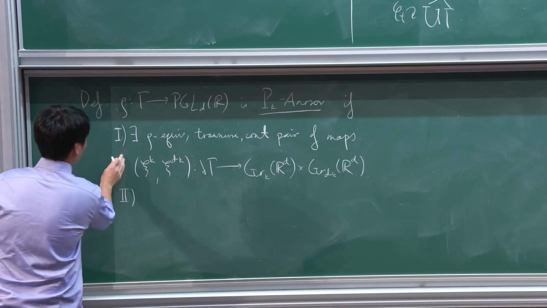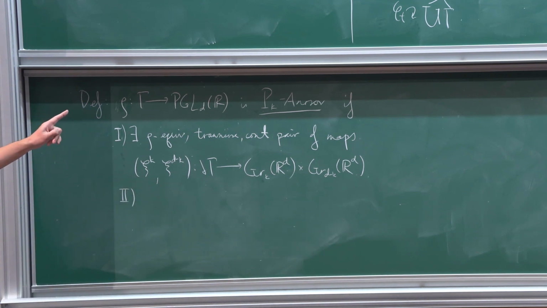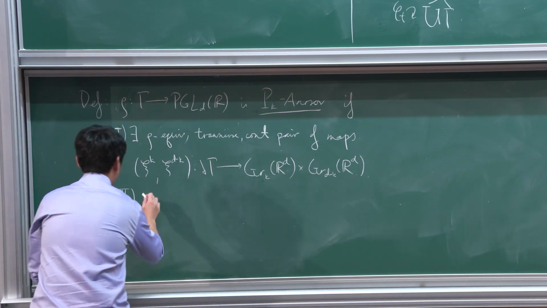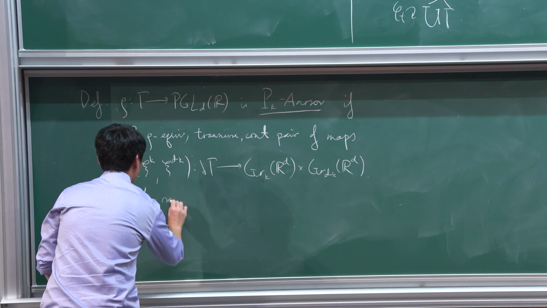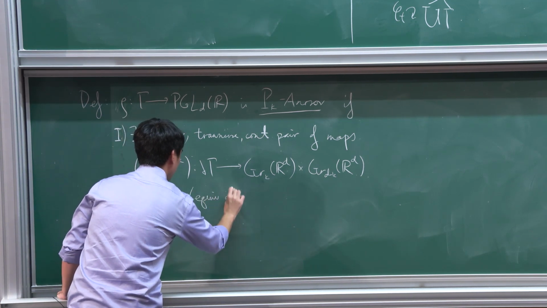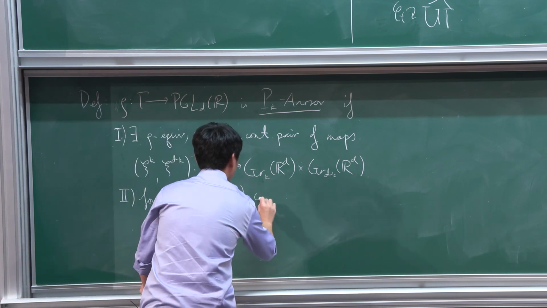Once you satisfy the first condition, you can do the construction that I just did over there. And then the second property that you need to have for this to be P_K Anosov is a contraction property about this flow here. So for some, or equivalently for all, continuous norms.